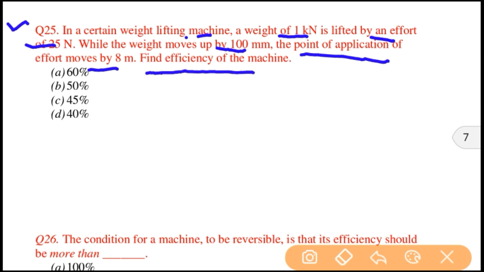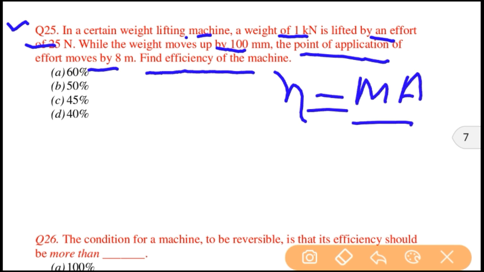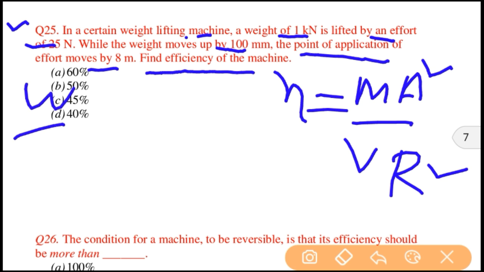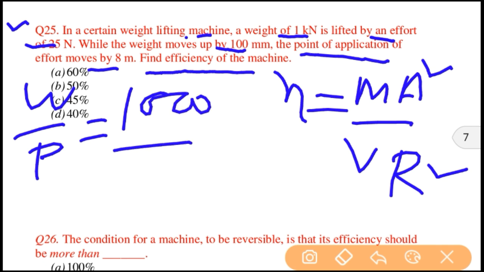Already I have told that efficiency is given by mechanical advantage divided by the velocity ratio. So we have to find here the mechanical advantage and velocity ratio. Mechanical advantage is W by P, that is the weight divided by the effort. Weight is 1 kilonewton, that is 1000 newton, divided by the effort, 25 newton.